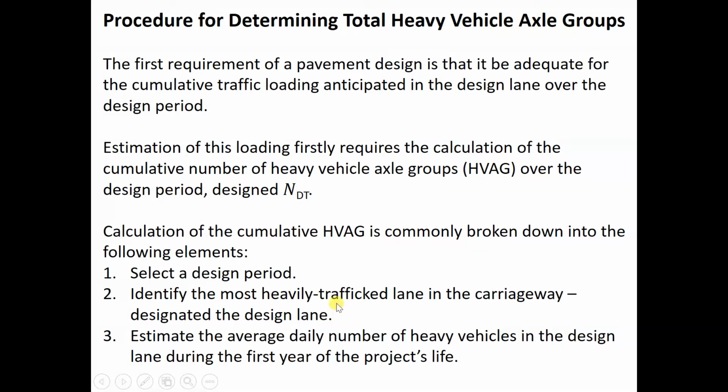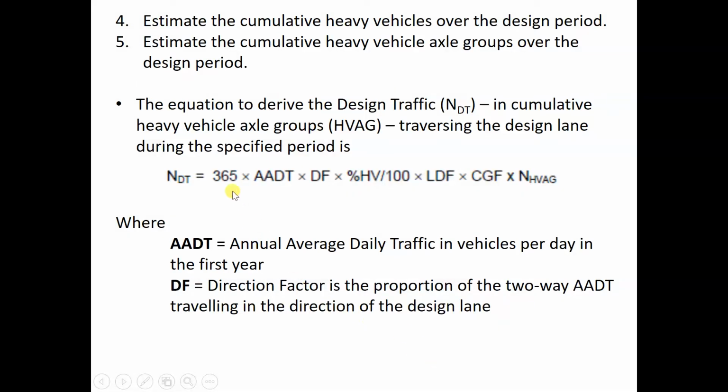If you got 3 lanes, you have to find out which among the 3 is the most heavily trafficked lane. Then estimate the average daily number of heavy vehicles in the design lane during the first year of the project life. And estimate the cumulative heavy vehicles over the design period, and the cumulative heavy vehicle axle groups over the design period.